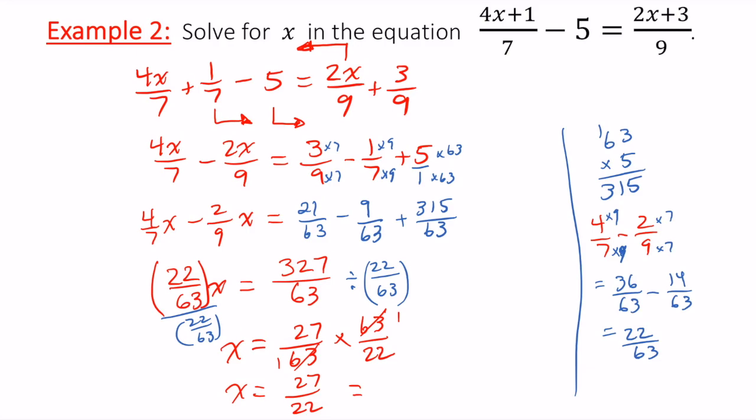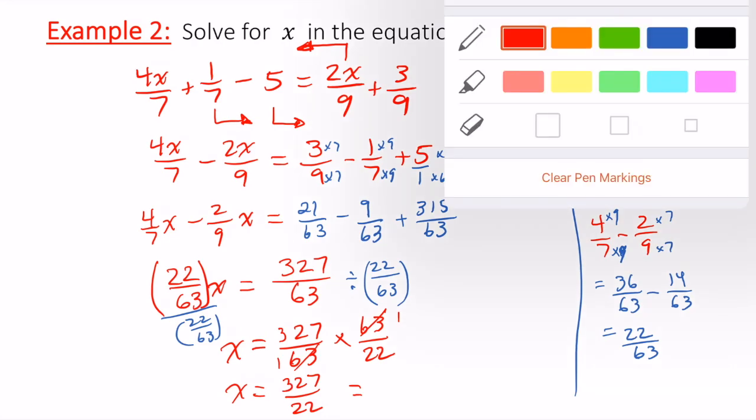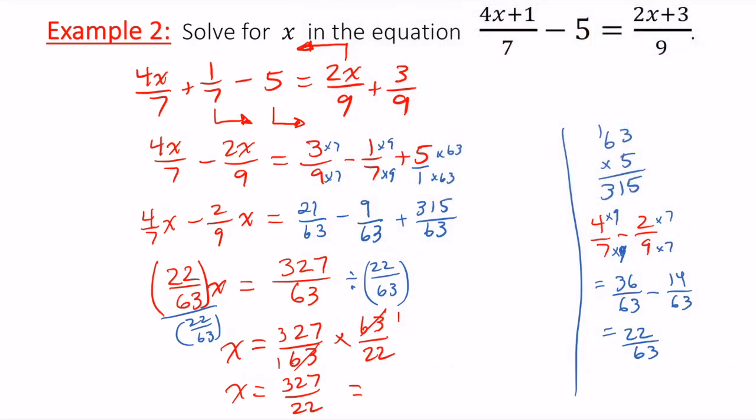Thank you for catching that, students. Sorry about that. There we go. So what we end up with is 22 goes into 327 14 times, and there's 20 left over. So that would be our answer for that one.